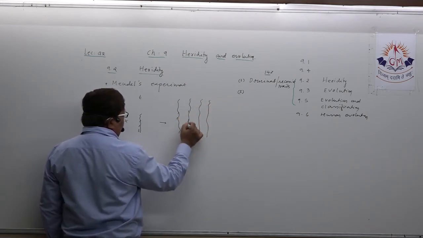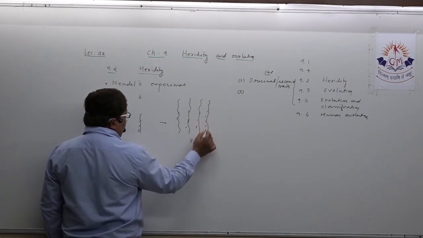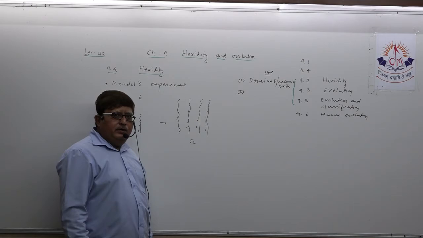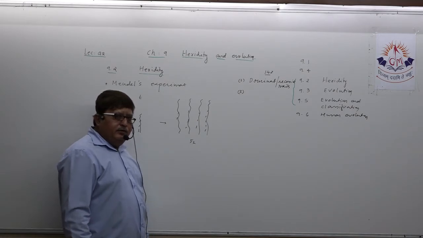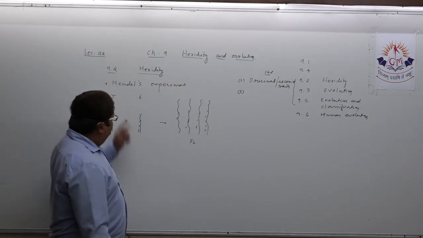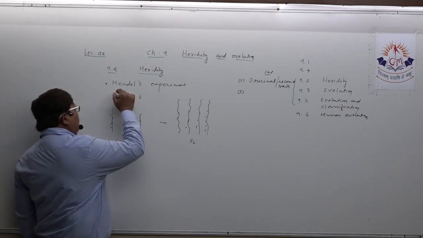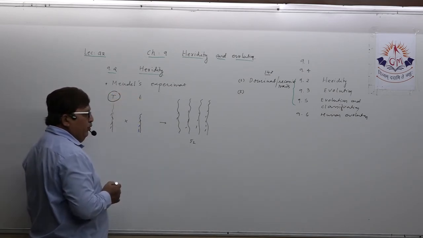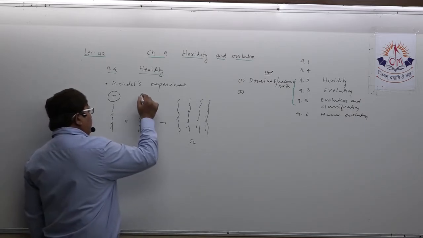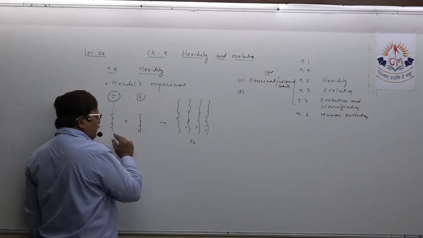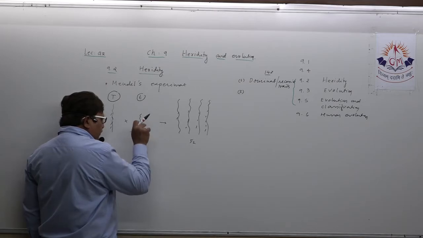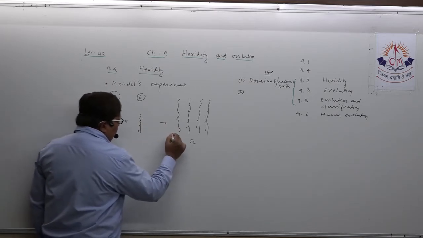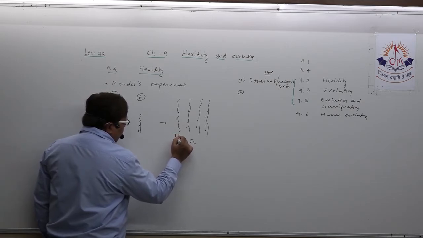All plants were taller. That means what? When you say that all plants were taller, that simply means that only one trait is dominant, that is the trait of tallness, not the trait of shortness. So if you find the genetic makeup of all these plants, understand, it is like this, Tt.